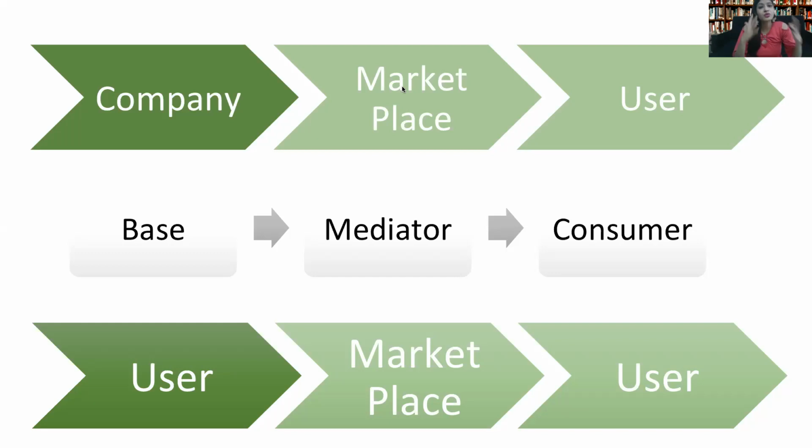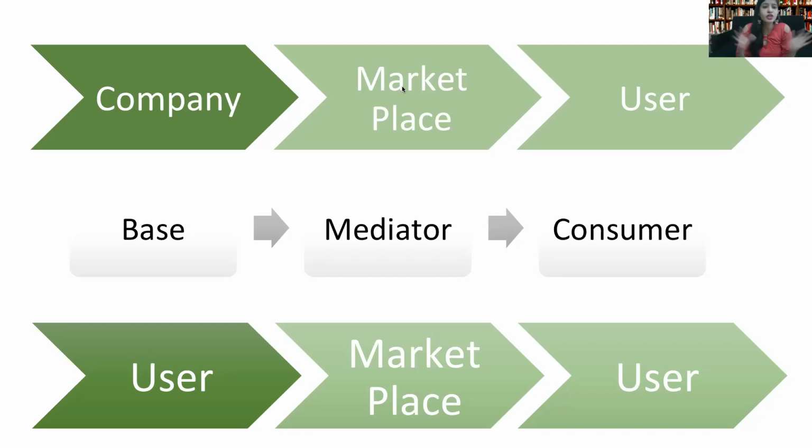The base in brand new is the original company which launches that product, that gadget, in the market for the very first time. And then the marketplace is the mediator. They launch into the market, then the marketplace has a lot of distributors, n number of distributors, a big chain.